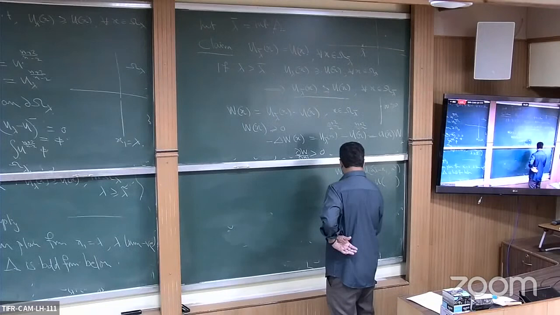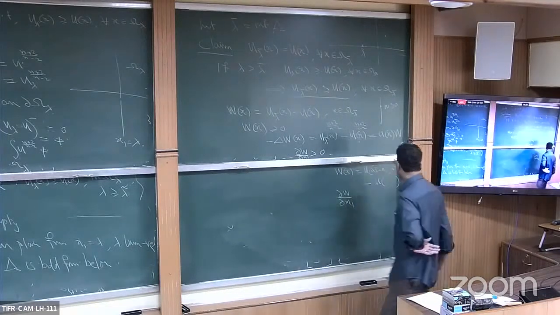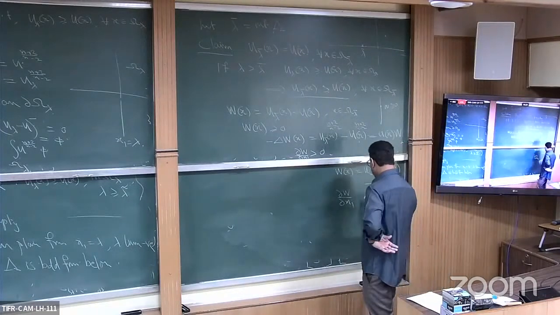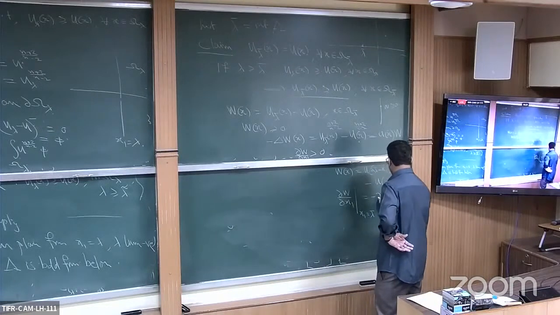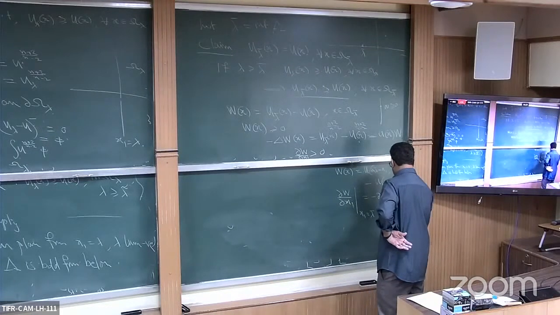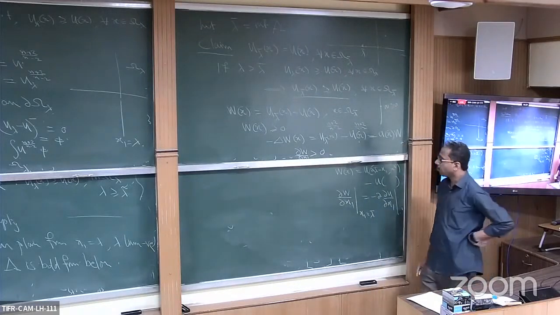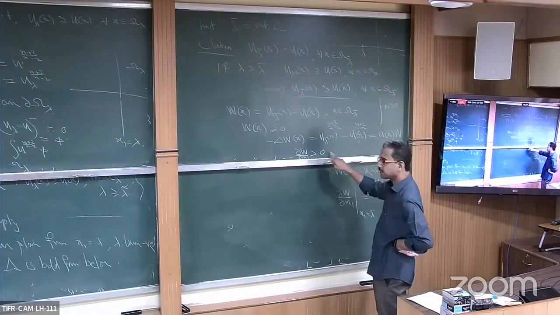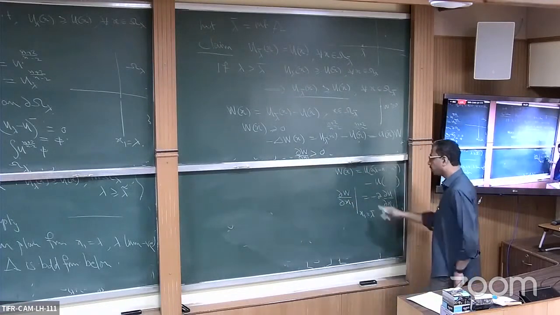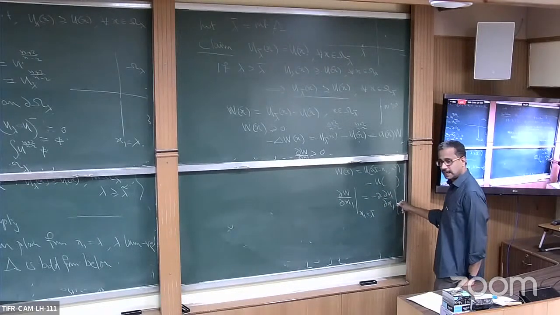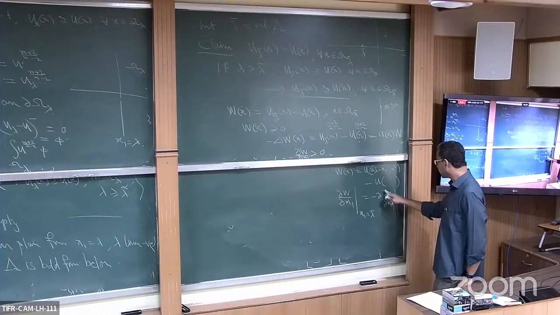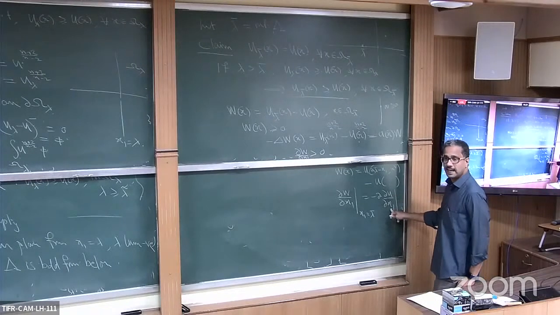So when I find the derivative, dw by dx1, when I do that, here there will be a minus that will come. So basically, on the plane x1 equal to lambda bar, that is going to be minus 2 times du by dx1 on the same plane. So you know that dw by dx1 is strictly positive, from the Hopf lemma, and that gives you that du by dx1 minus 2 times du by dx1 is strictly positive, or that implies that du by dx1 is strictly negative.